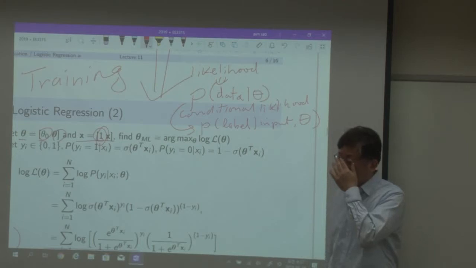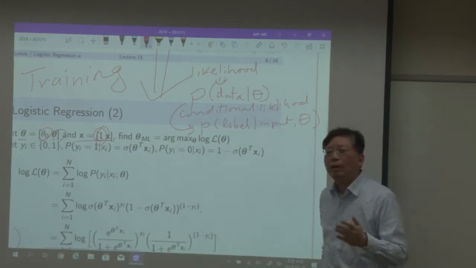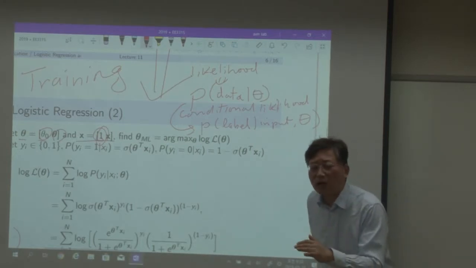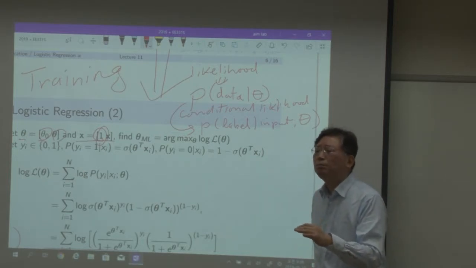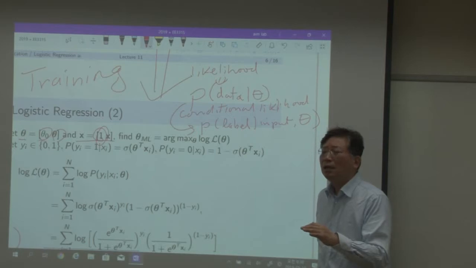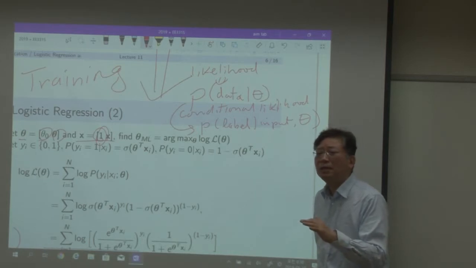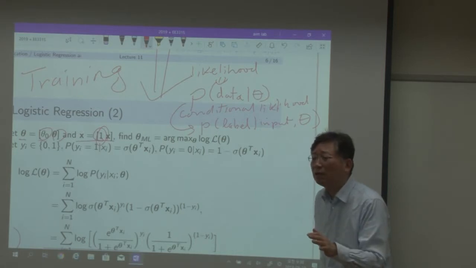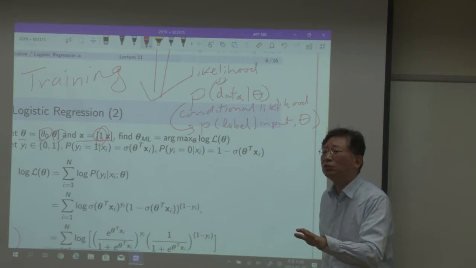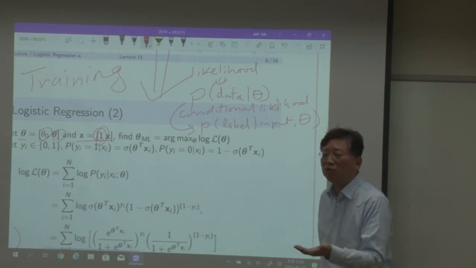So let me just say, any parameter that you find should be a parameter that is a good representation of the data, that observation that you get.